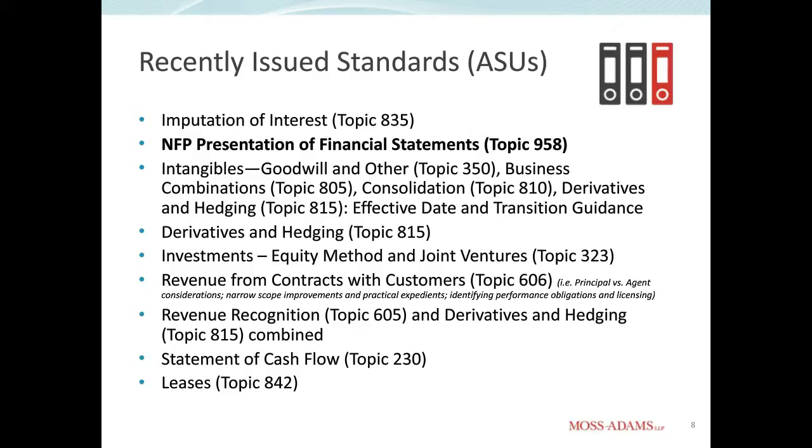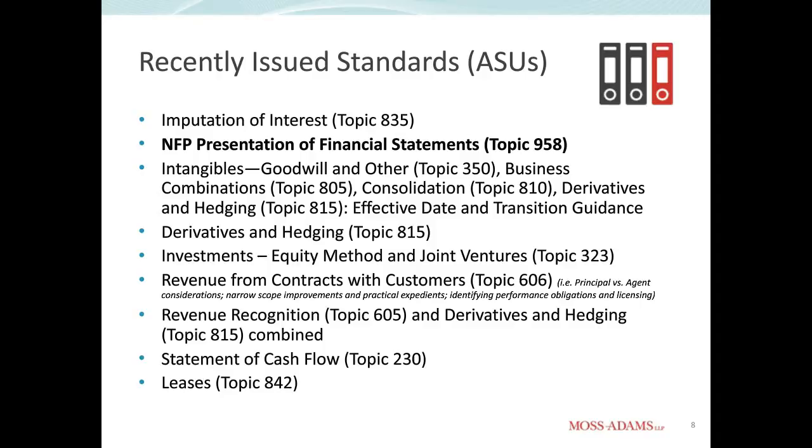There have been some standards related to intangibles, goodwills, and some of the other topics, business combinations, some consolidation, derivatives, and hedging topics. So quite a bit there. Some of the hedging has more to do with electric companies, purchases and sales of contracts there. Some of the intangibles have to do with cloud computing arrangements.